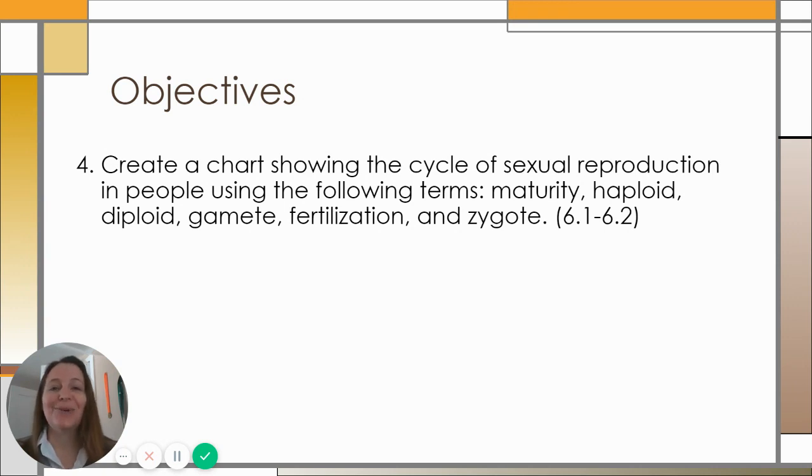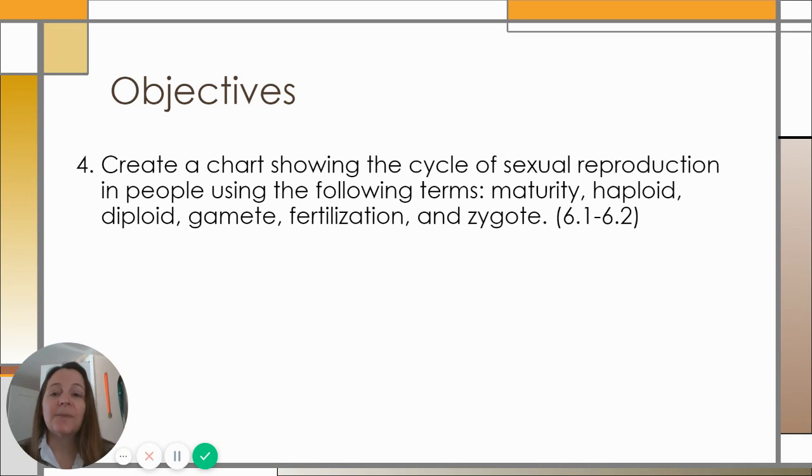It doesn't have anything to do with whether you're mentally ready or socially and emotionally mature enough to have children. It's just talking about strictly biologically, are you able to create offspring? That's the kind of maturity that we're talking about.